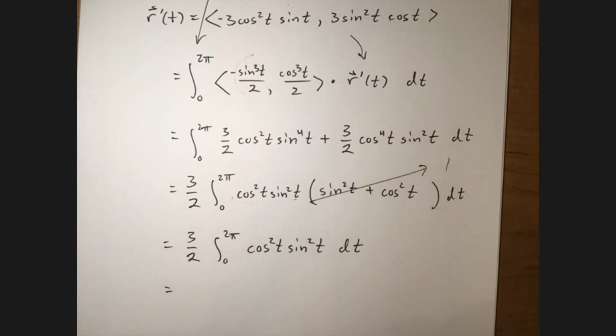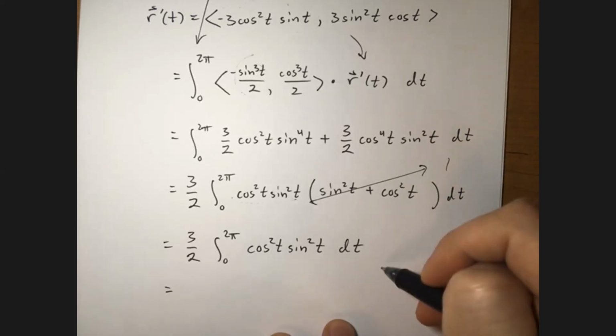Let me go take a peek at some trig identities, see if anything pops out. If you see anything that looks useful, yeah, I think there's a trig identity here that might work for us.